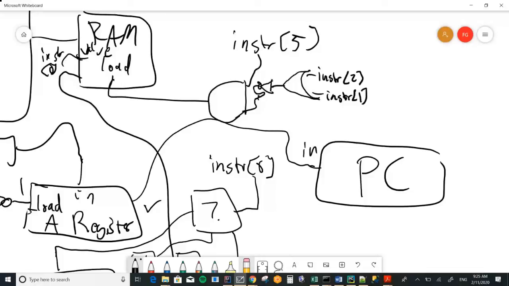Okay? Then it's going to have, once again, a load bit, but then it's also got this increment bit. So effectively what's happening is we need a circuit to decide if we're jumping. And if we are, load is 1 and increment is 0. And if we're not, load is 0 and increment is 1.